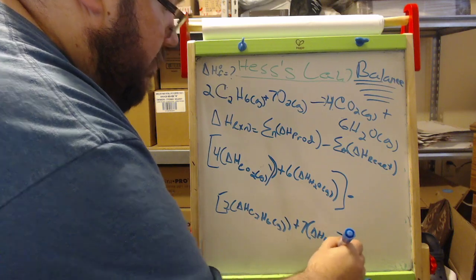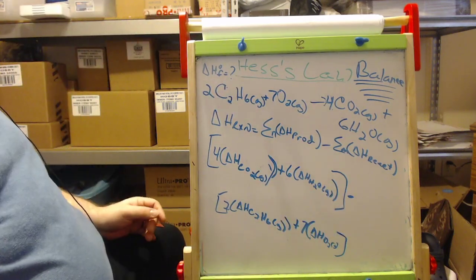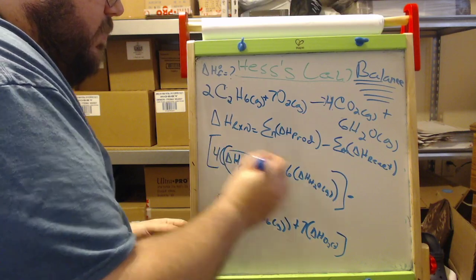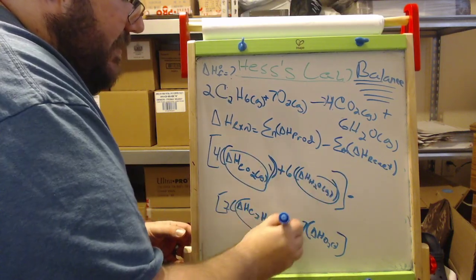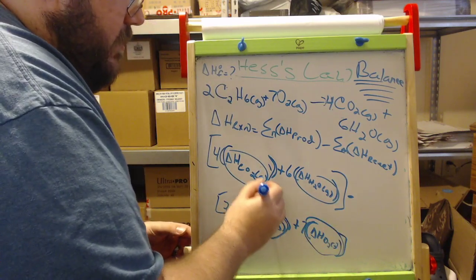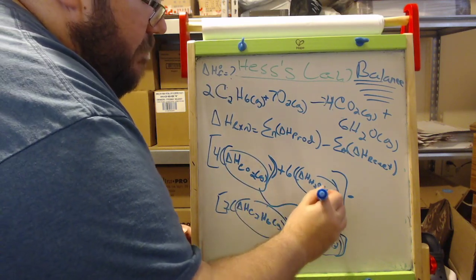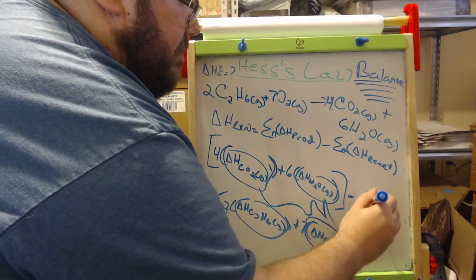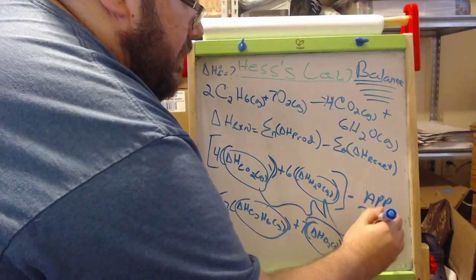All right, this is how it would look. And I would do the math. So where do these values come from? Where do I get this, this, this, and this? These values come from Appendix B in the back of your book.